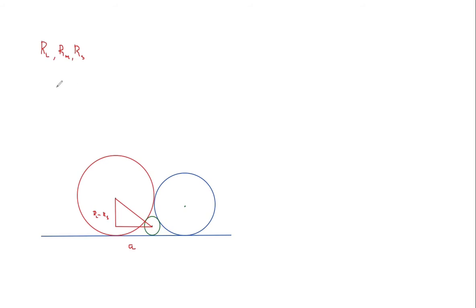So we can write that as (RL minus RS) squared plus A squared is equal to (RL plus RS), and we're squaring this quantity as well.